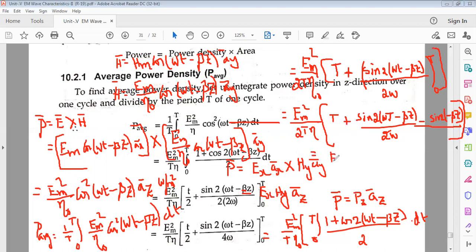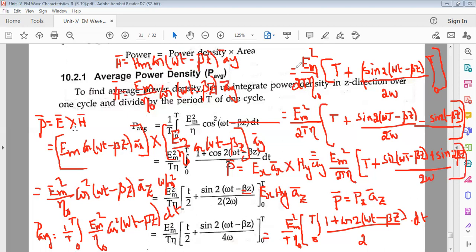That is equal to Em square by 2 T eta multiplying T plus sine of 2 omega T minus beta z. Here the sign of minus becomes a plus because sine is an odd function: sine 2 beta z by 2 omega.